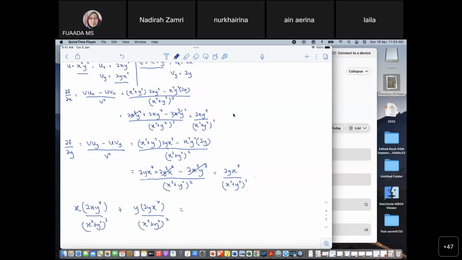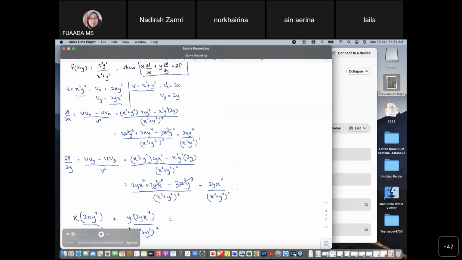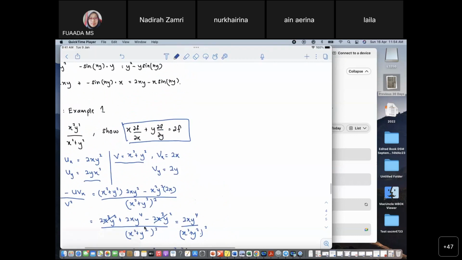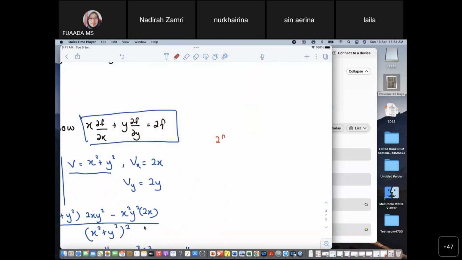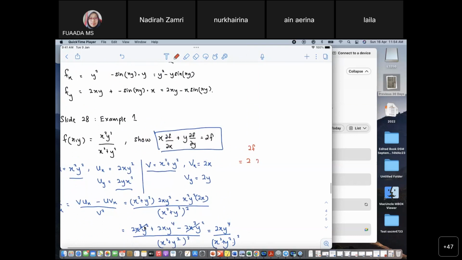Okay, so we have to show that by multiplying this one and adding both terms, we should have 2f. Kalau you tengok kat sini, you should have 2f. So what is 2f? 2f is 2 times f, so your f is x squared y squared over x squared plus y squared.